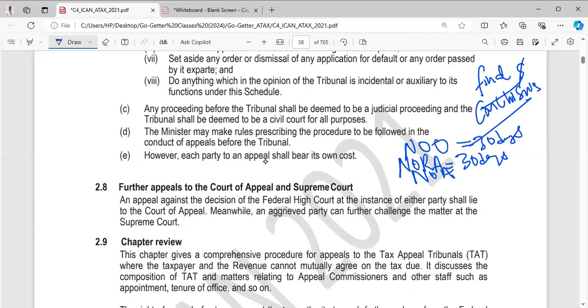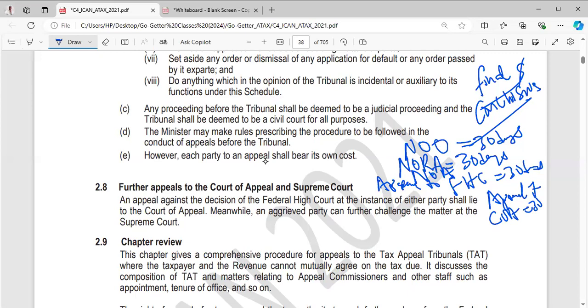Now, when the appeal rules, and there was no appeal to the Federal High Court within 30 days, it's final and conclusive. When the Federal High Court rules and someone lost, they have to appeal to the Court of Appeal within 30 days. If it is not done within 30 days, it's final and conclusive.